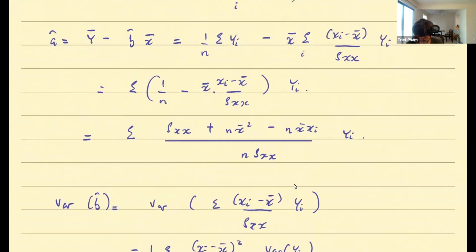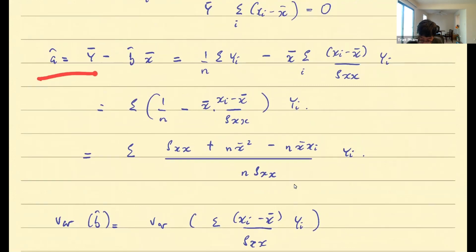Starting with this, again, the point is to express everything in terms of yi. You want to express everything in terms of yi. So you unfold this expression in terms of yi. Y bar is like this, by definition.